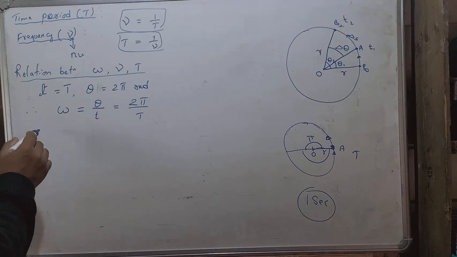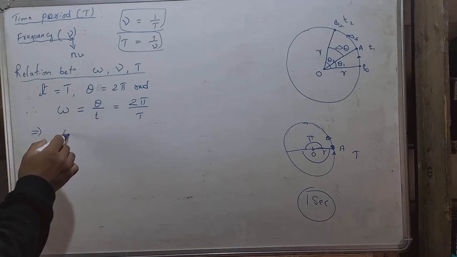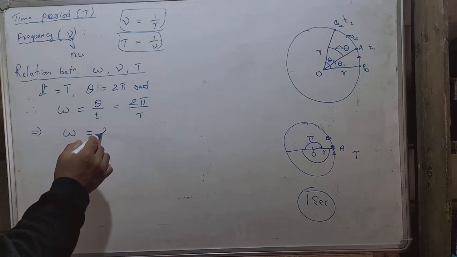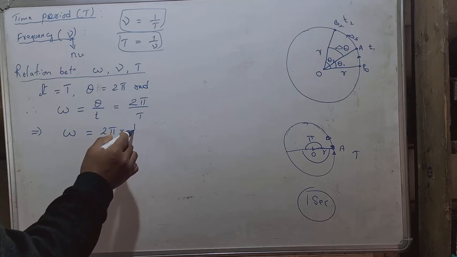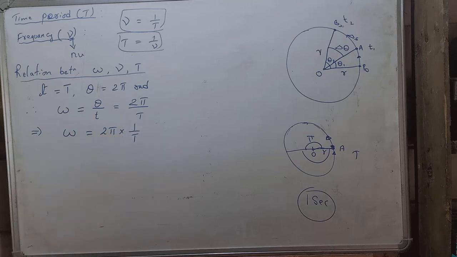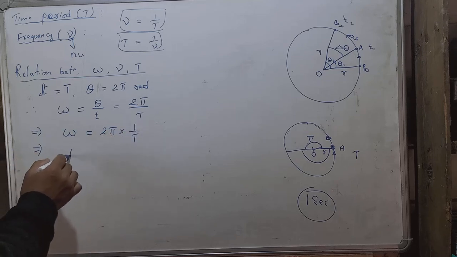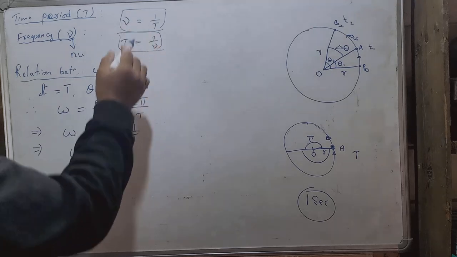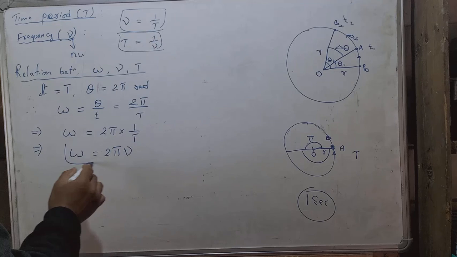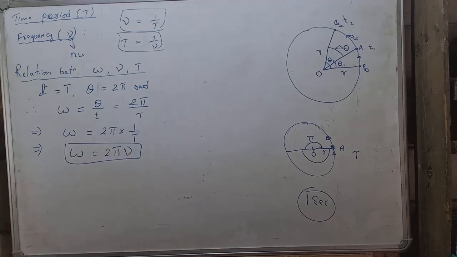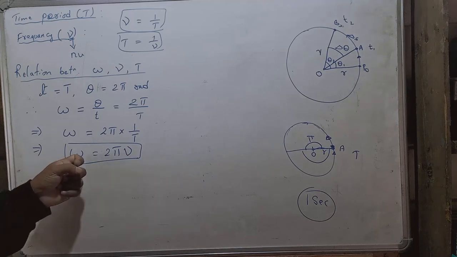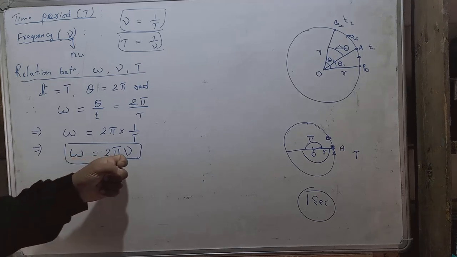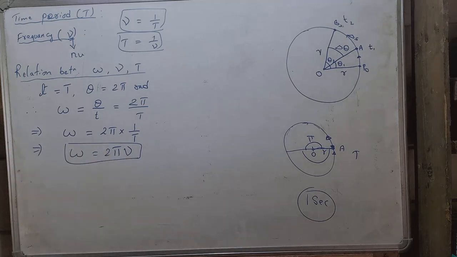Or omega equals 2 pi into 1 upon T. Can I write it like this? Yes. Or omega equals 2 pi nu, since 1 upon T is equal to nu. So this is the relation between the angular velocity and the linear frequency.